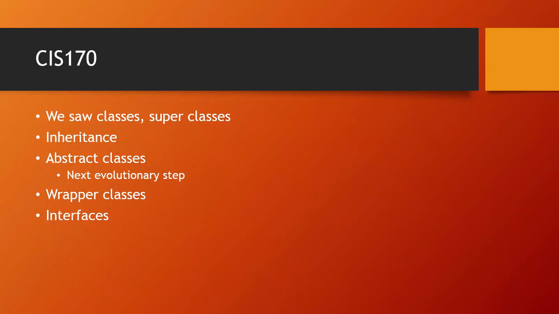Whenever we are referring to a normal class that we can inherit from, we also refer to that as a concrete class. In this chapter, we want to get away from that a little bit and talk about abstract classes. Abstract classes are the next evolutionary step in our Java learning. We'll also, along the lines of this semester, be looking at wrapper classes and interfaces.